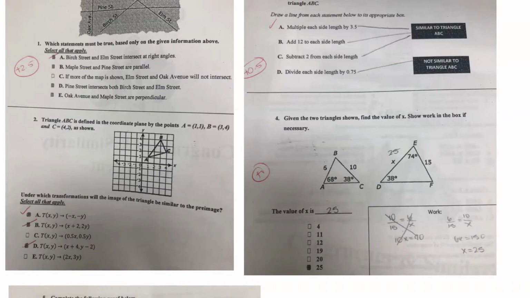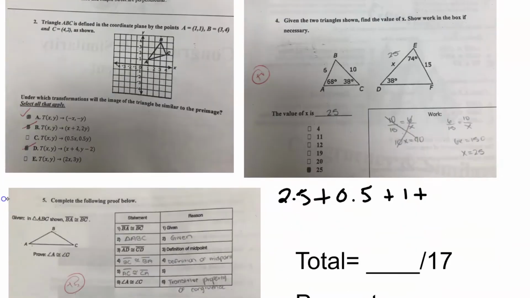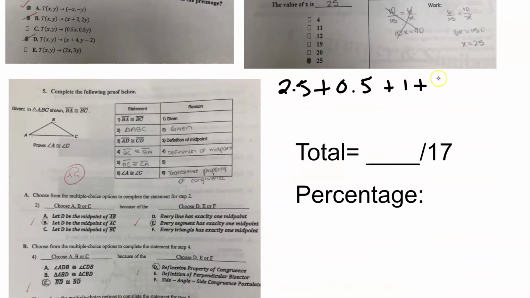Okay, so here's an example test. This person got 2.5 on the first problem. I didn't write anything for the second problem, so they got 0 points. Looks like they got a half a point for problem 3. They got 1 point for problem 4, and then they got 5 points for problem 5.